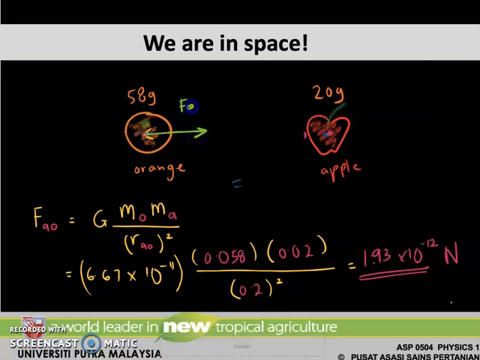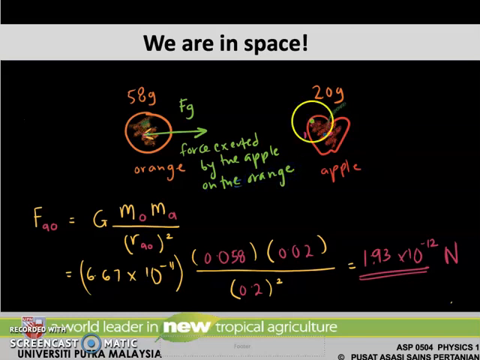So this is Fg. Fg is the force exerted by the apple on the orange, because gravity is an attraction force. So if the apple goes this way, this is my Fg, this is the force by the orange on the apple.